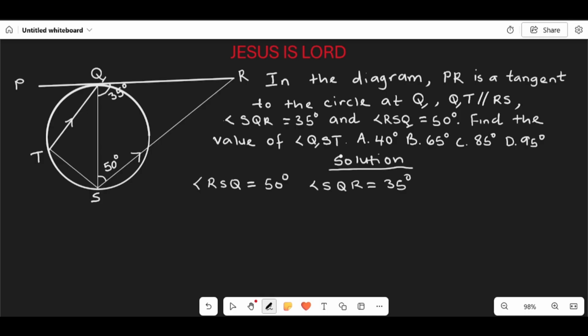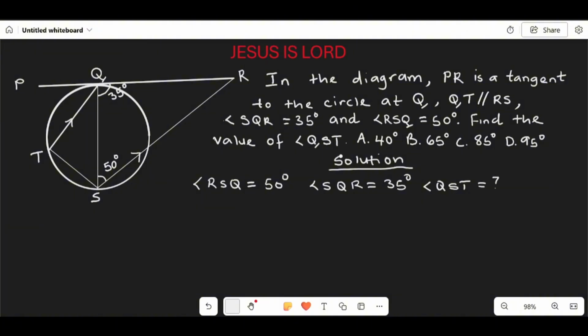And the question now says we should find the value of angle QST. Angle QST is unknown for now.